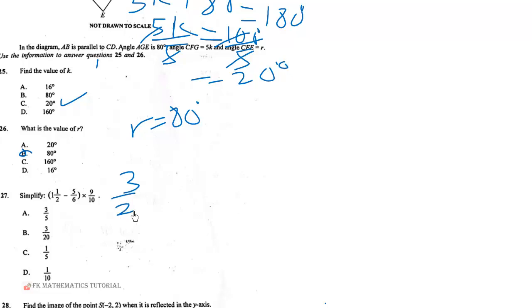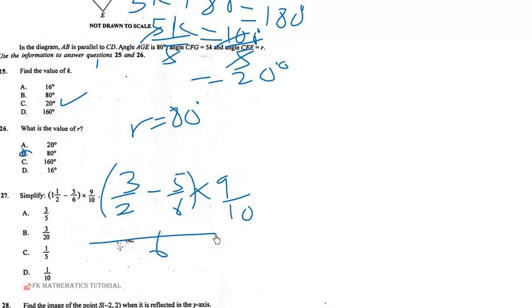So 3/2 minus 5/6 times 9/10. The LCM of 2 and 6 is 6. So 2 goes into 6, 3 times, 3 times 3 is 9. And 6 goes into 6, 1. So minus 5.